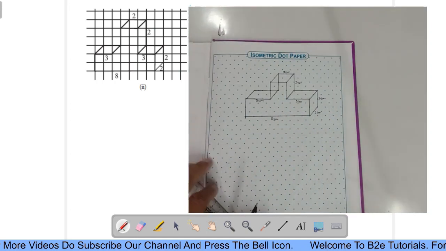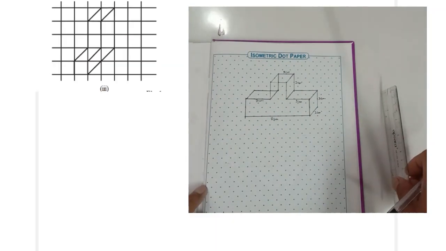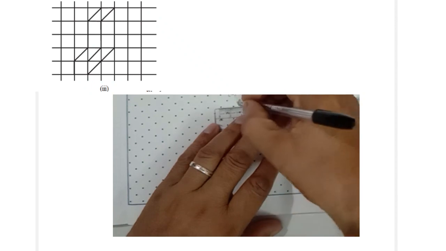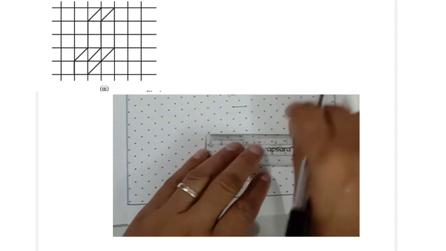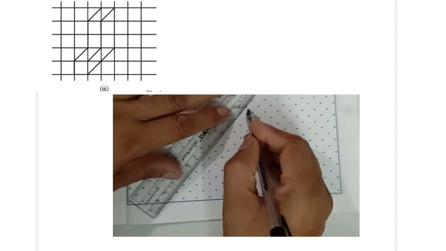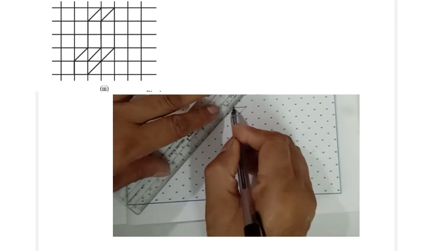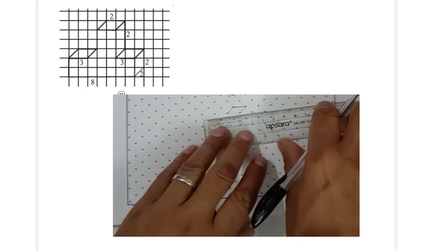After this, come to third part. Here it is 1 unit, that is 1 centimeter. Join this. Then again 1. Then again 1. Then 1.